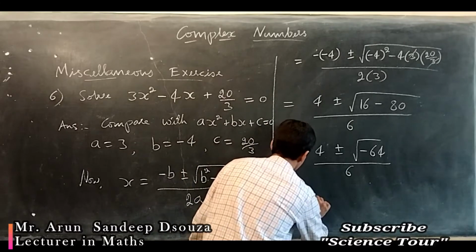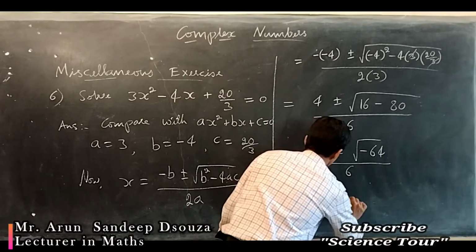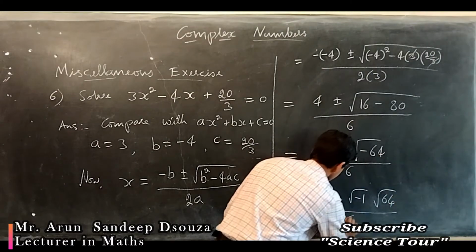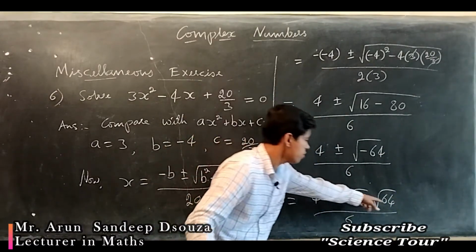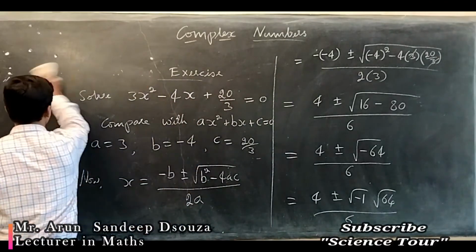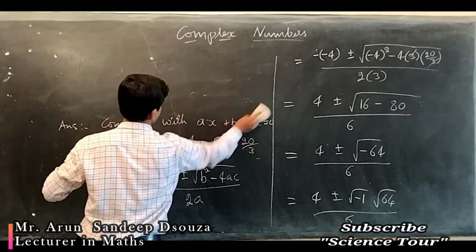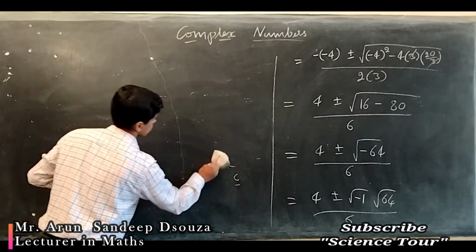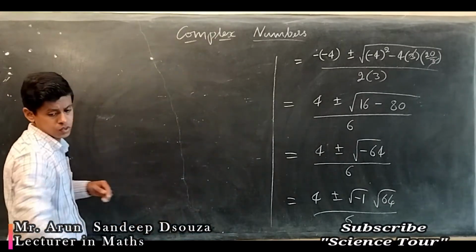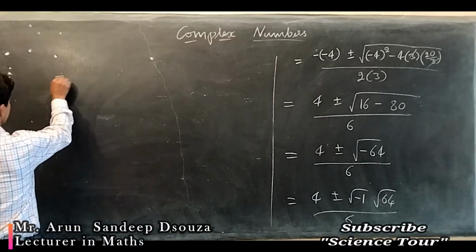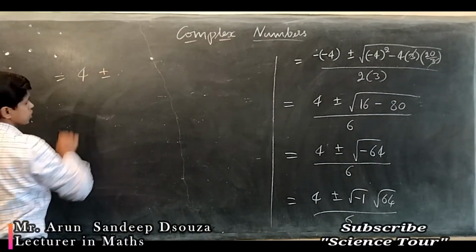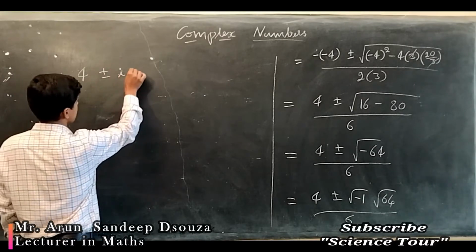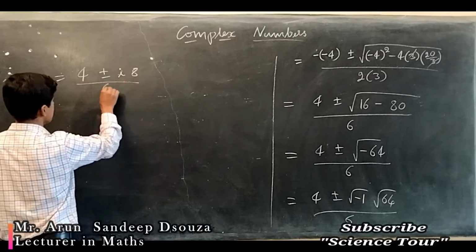So this is plus or minus square root of -1 square root of 64 divided by 6. Now square root of 64 is 8. So that is 4 plus or minus square root of -1 is i, and then 8 divided by 6.